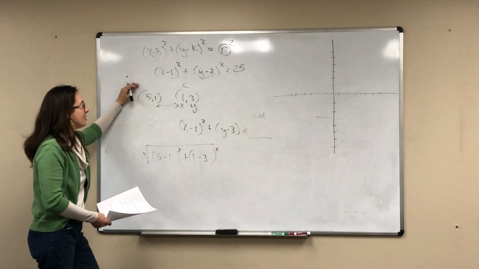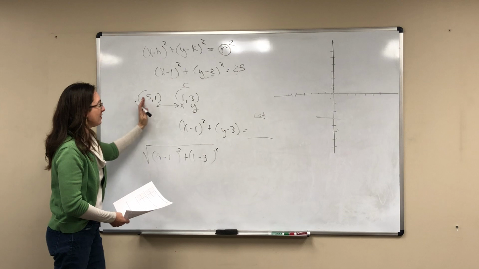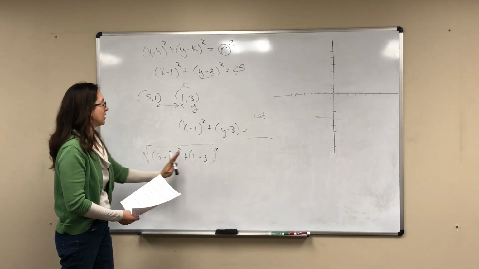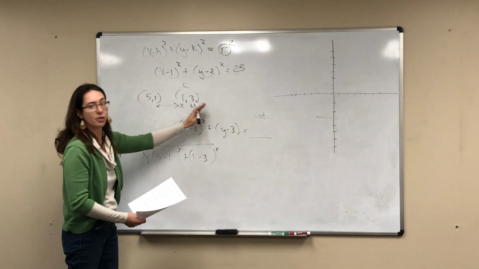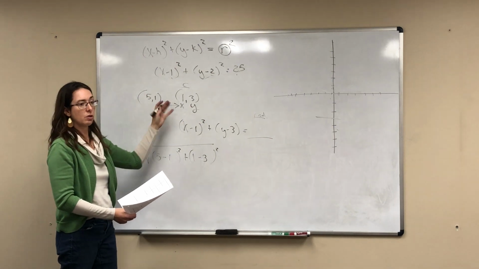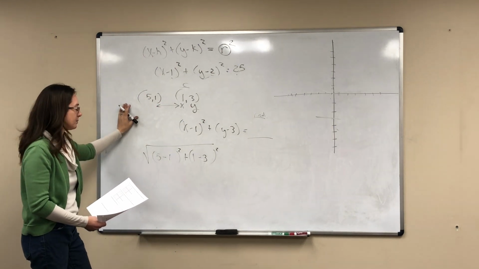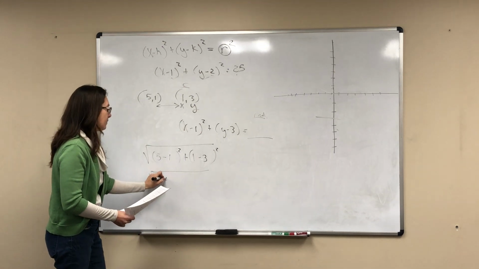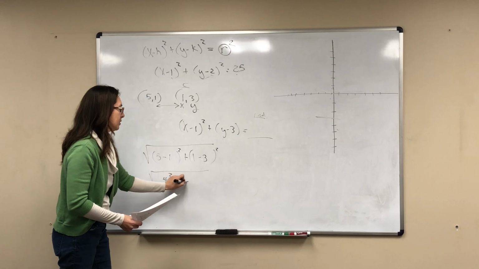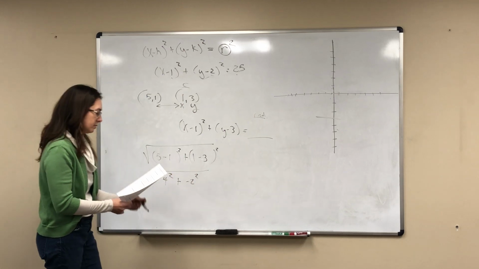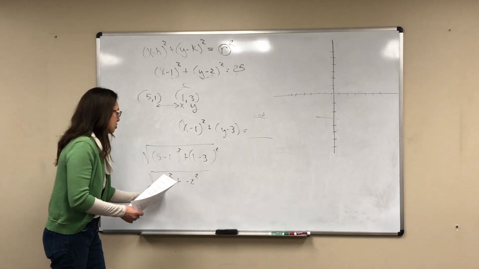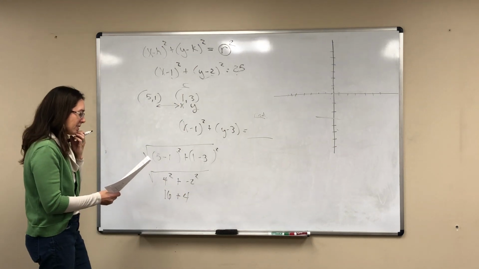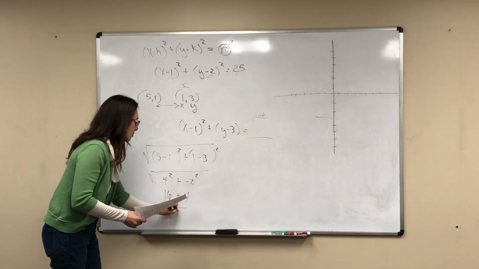So if you start with 5, the 5 has to be first, and then the 1 has to be first, and the 1 and the 3. So don't flip them. Now I have the square root of 4 squared and negative 2 squared. So I have 16 and 4, right? So I have the square root of 20.